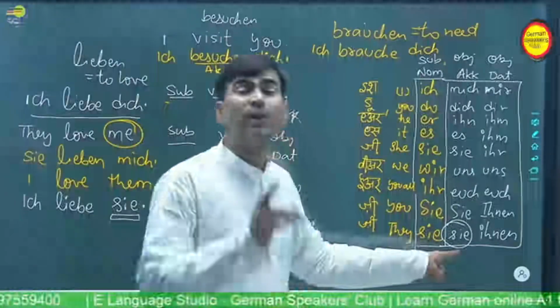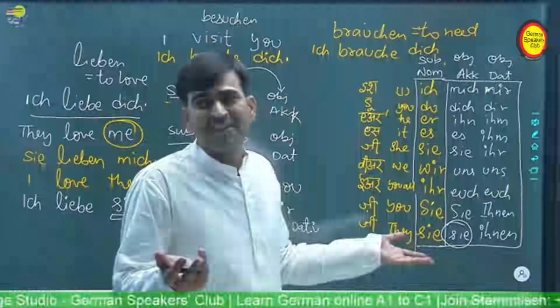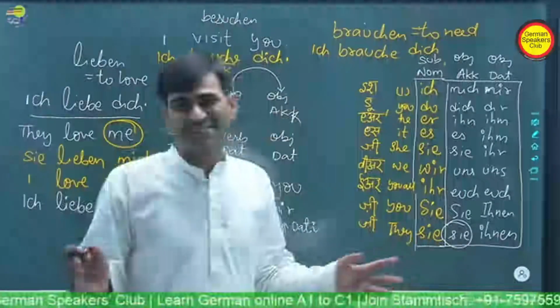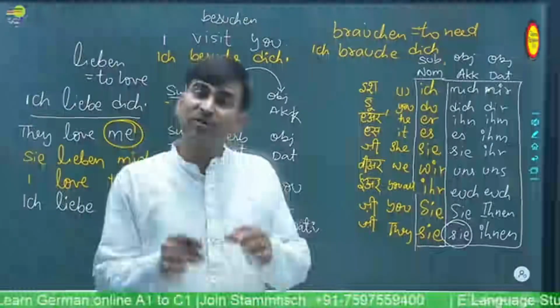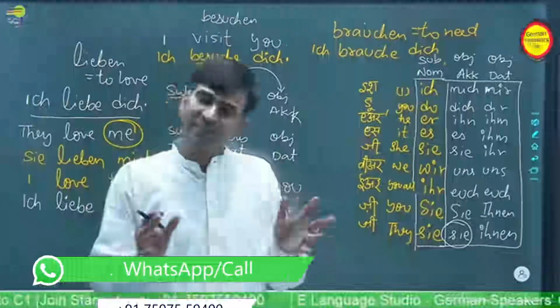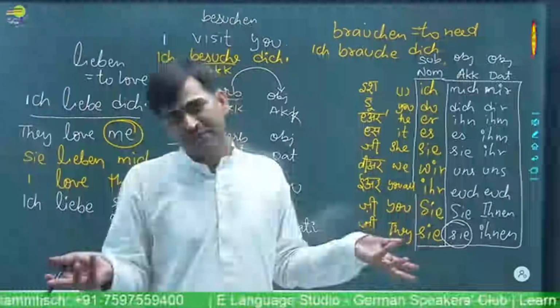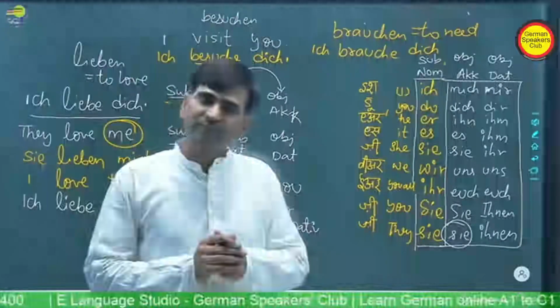Which sie is it? Accusative. Is it this one? At the last one? This one? In the middle? Even? Yes, correct. So tell me which one? This one? Accusative? Yes, true. That's correct. Accusative.